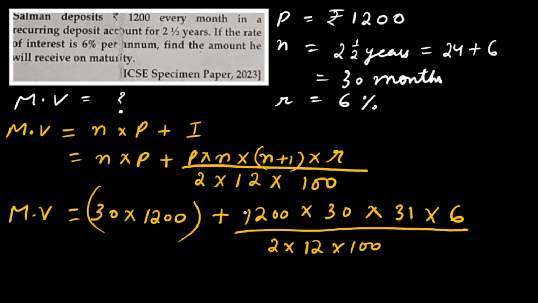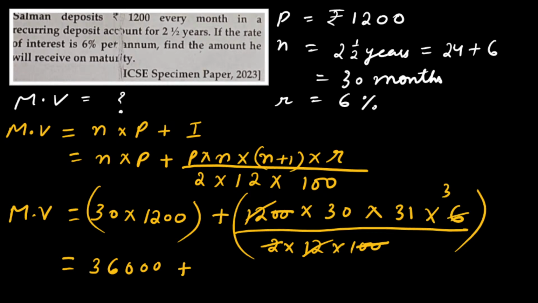This individually we have to simplify, then we can add both. 12 into 3 is 36, 3 zeros we can write. Plus here we can do cancellation wherever it is possible. 2 zeros here we can cancel, 12 and 12 we can cancel, and 2 into 3 is 6. So 3 into 3 is 9.